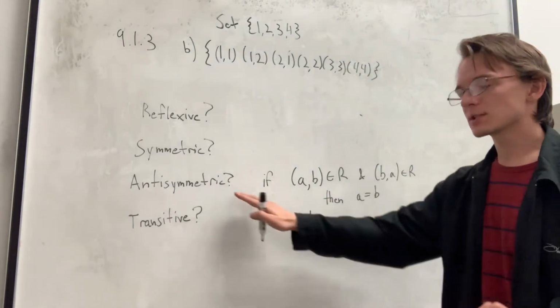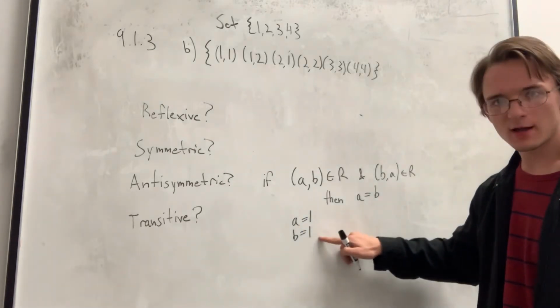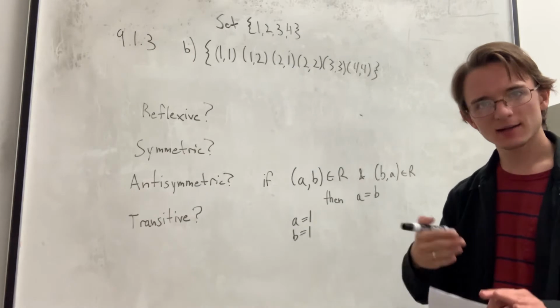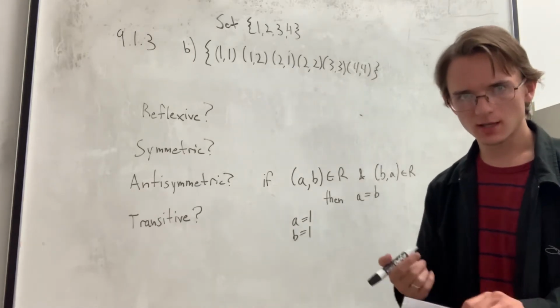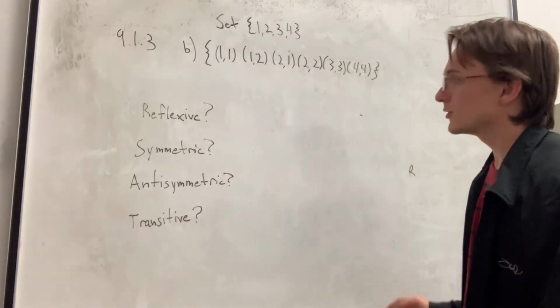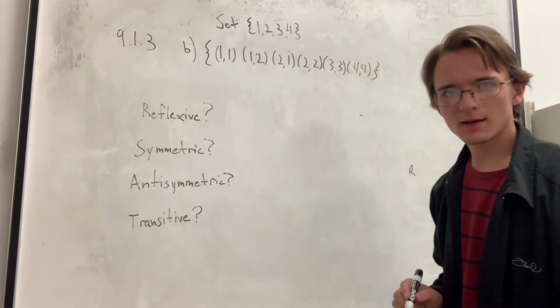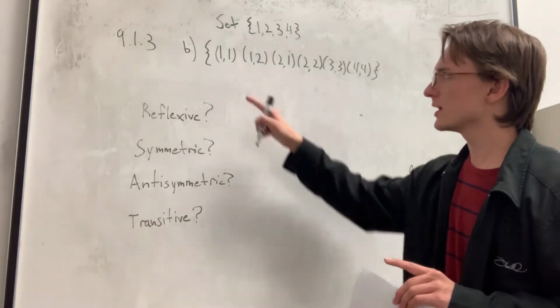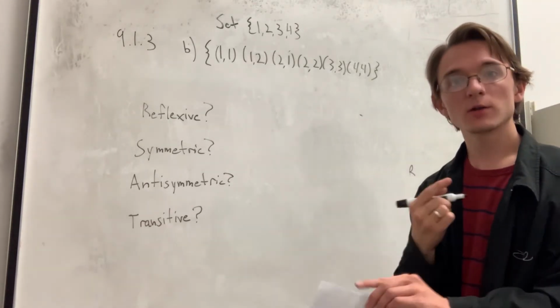It can only allow symmetry when both of the values are equal to one another. So basically, antisymmetry has an added kind of reflexive property attached to it. Even if you see something like 1 comma 1, it could still be antisymmetric. You have to really check the ones where the 2 values of the pair are not equal.